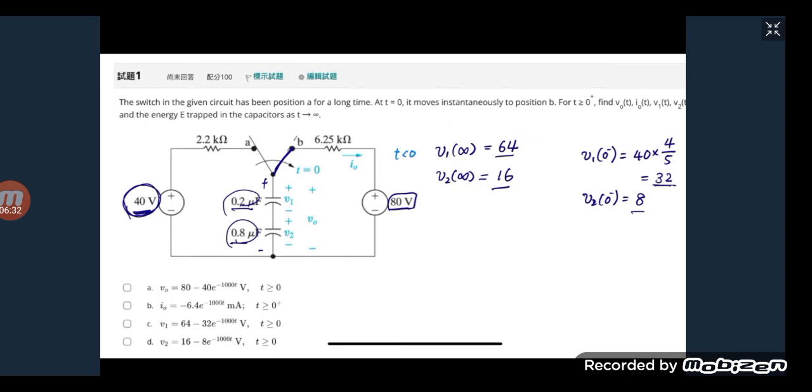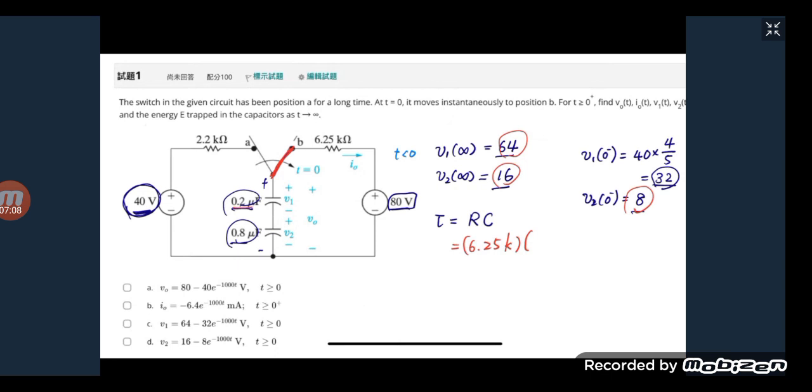So we have known its initial value and the final value. And what's left is the time constant, right? So we have to find the time constant. The time constant is equal to R times C. So after the switch, of course, R is equal to 6.25 K. And C, what is C?